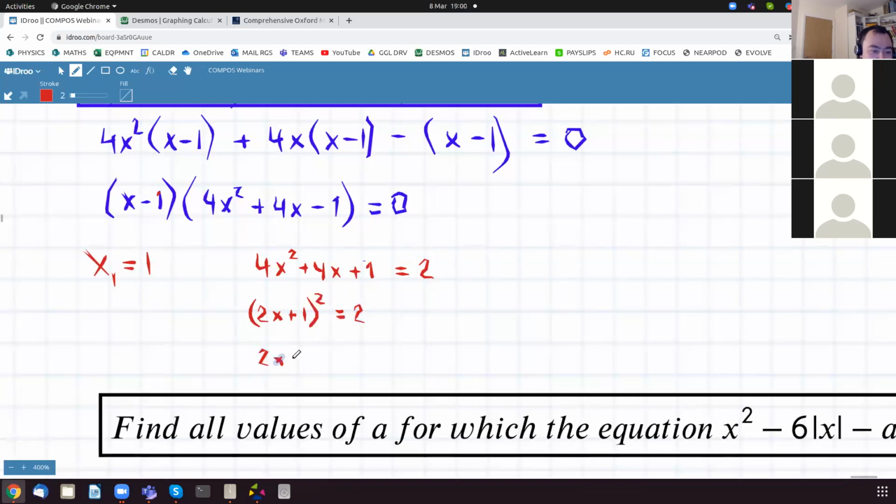So 2x plus 1 is equal to plus or minus square root 2. It seems suspicious. Oh no, it's perfectly fine. So from here, I get x is equal to minus 1 plus or minus root 2, divided by 2. Perfect.